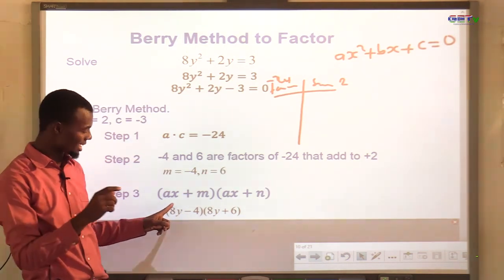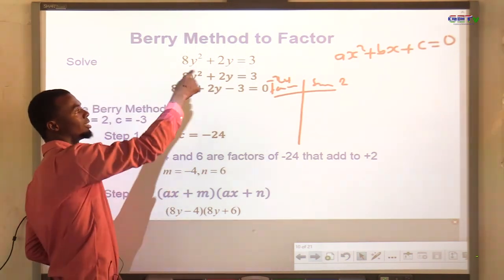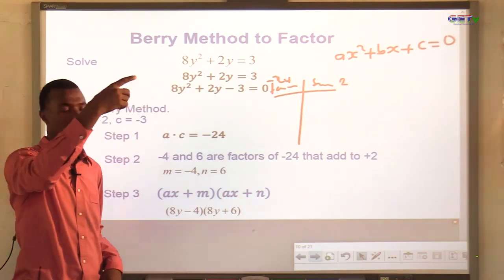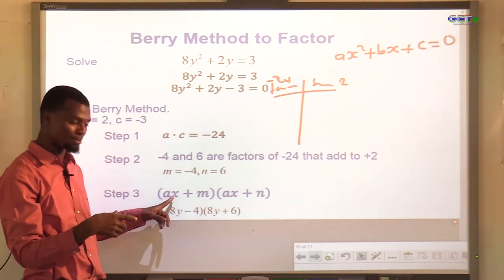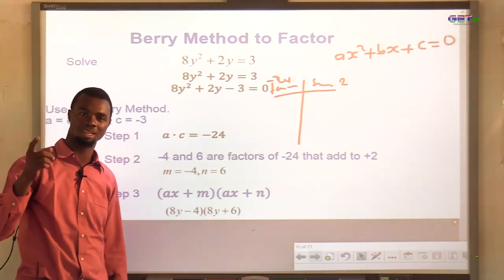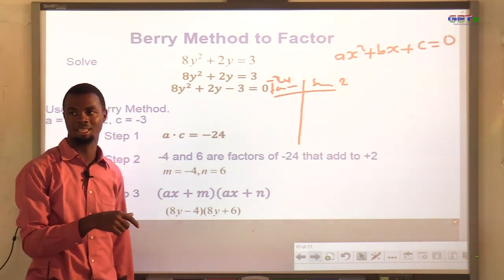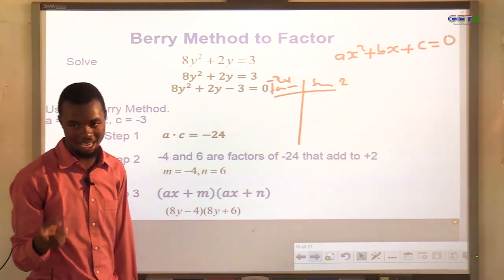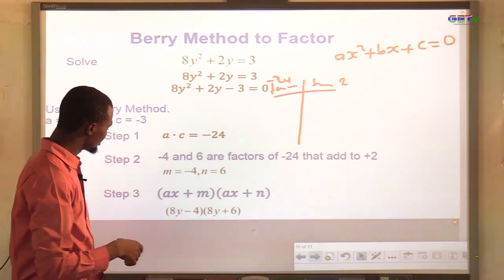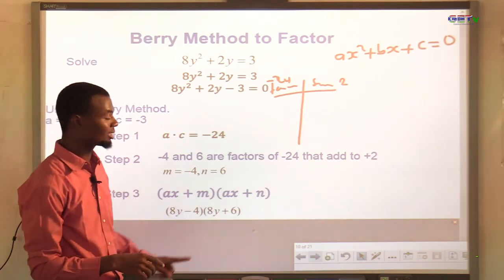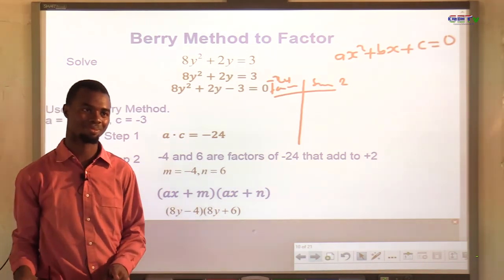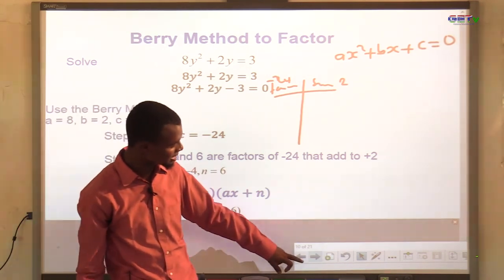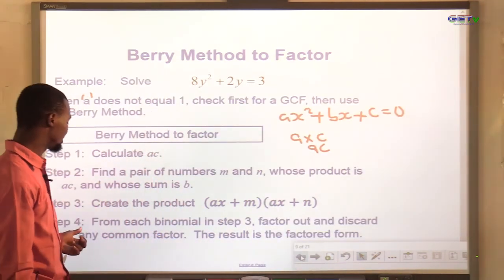You cannot leave x there. But if the equation is given to you with variable x, that is the time you leave x. If the variable is c, you have to take c. If the variable is a, you have to take a. Then let's look at the next step. I'll go back again. That is step 4.